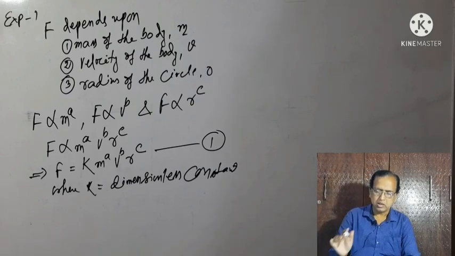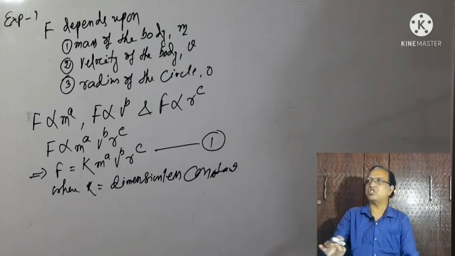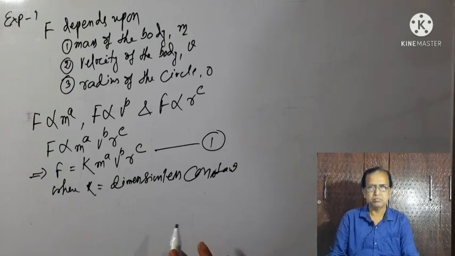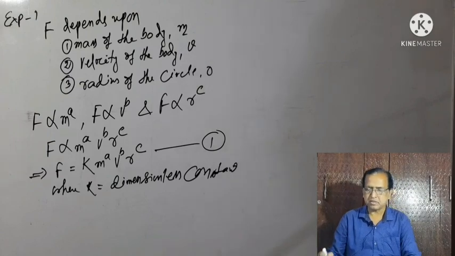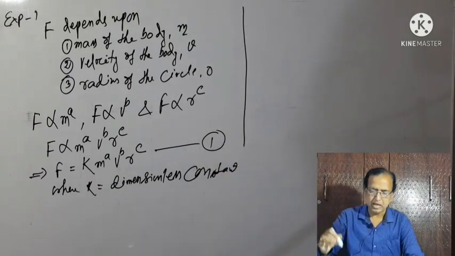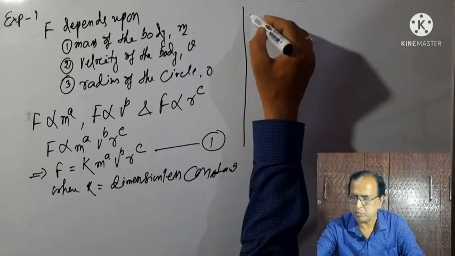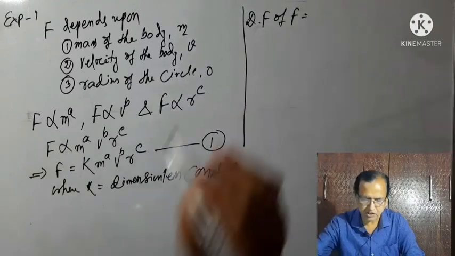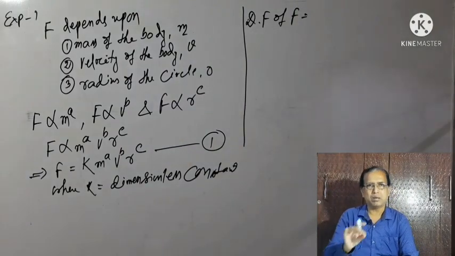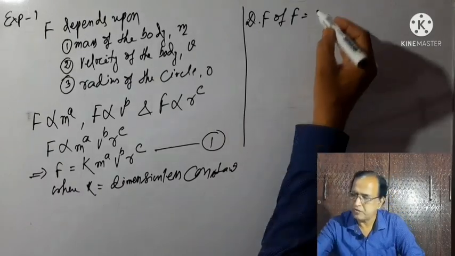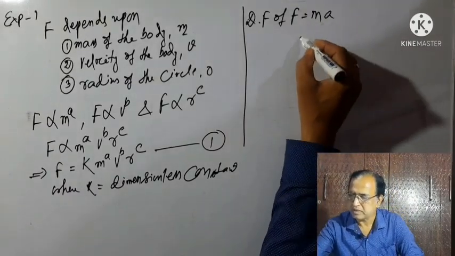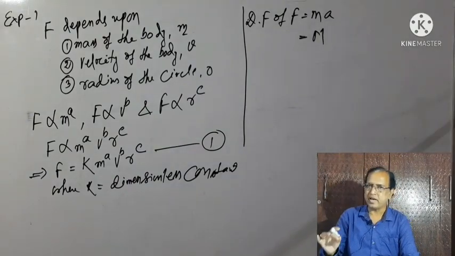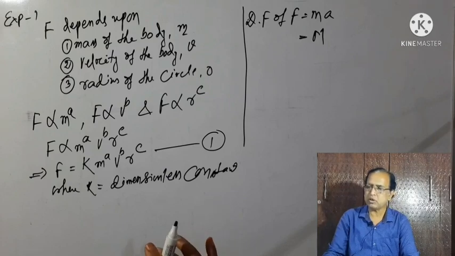Now, taking dimensions on both sides, we solve this problem. The dimension formula of F: what is force? Force is equal to mass into acceleration. F is equal to m into a, that is capital M times a. What is acceleration?